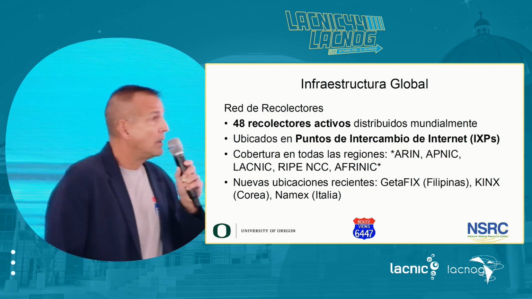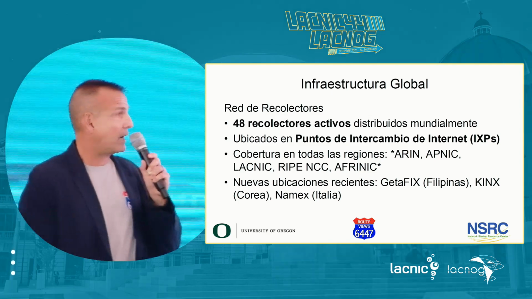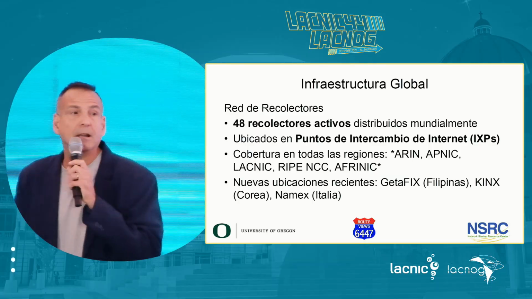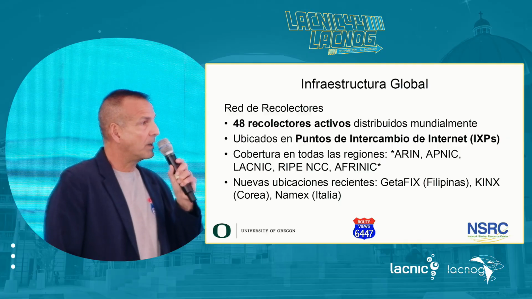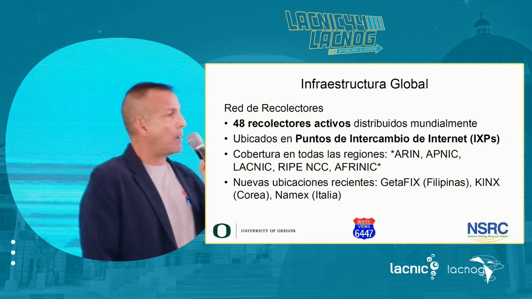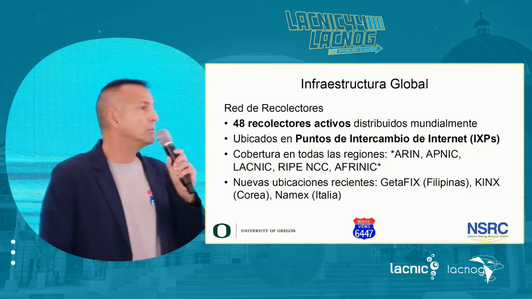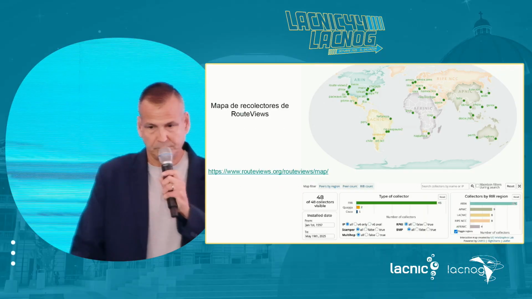There's coverage in all the regions, namely ARIN, APNIC, LACNIC, RIPE NCC, and AFRINIC, all the regions representing the Internet organizations. And more recently, we have added some new collection points in Philippines, in Korea, and in Italy.